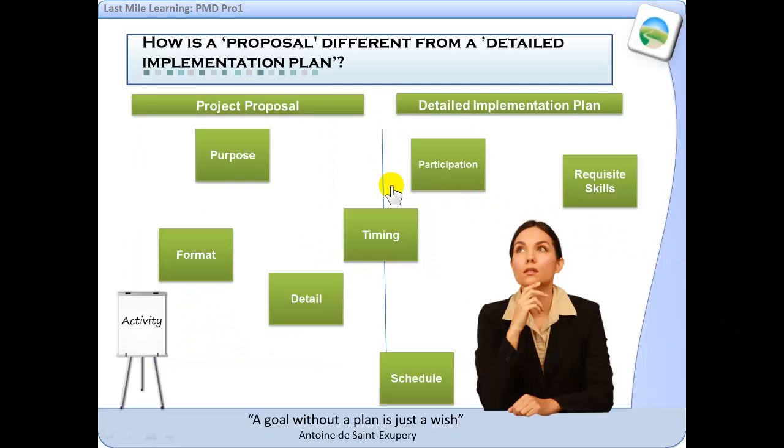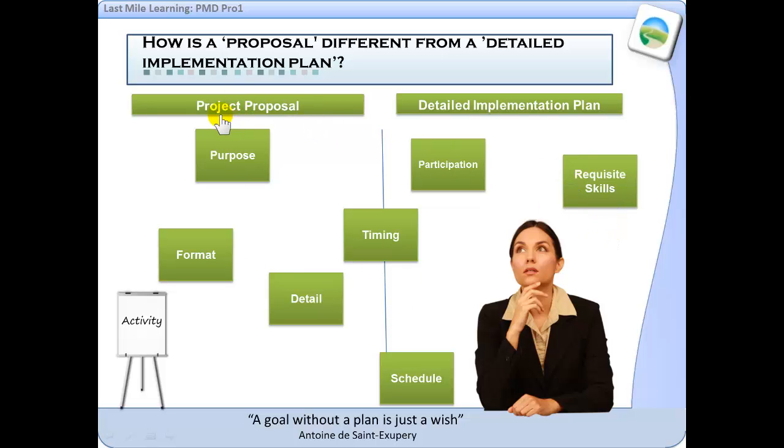We'd also like to emphasize this question: how is a proposal different from a detailed implementation plan? And a detailed implementation plan is what you're actually using for implementation. Be sure that you know that there's a difference in all of these variables: purpose, format, detail, timing, schedule, participation, and requisite skills.